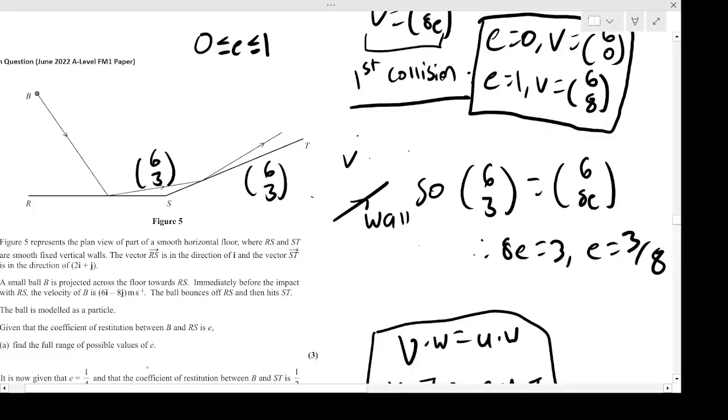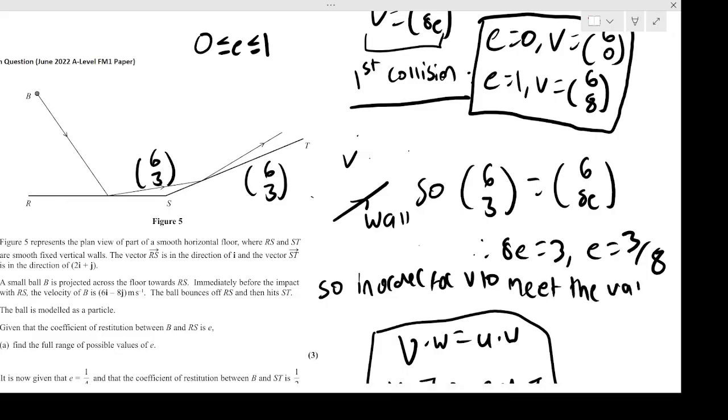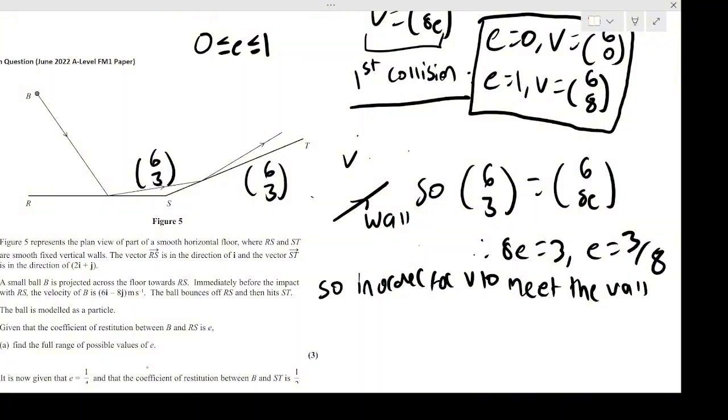So I'm going to say, in order for V to meet the wall, E has to be less than 3/8, okay?